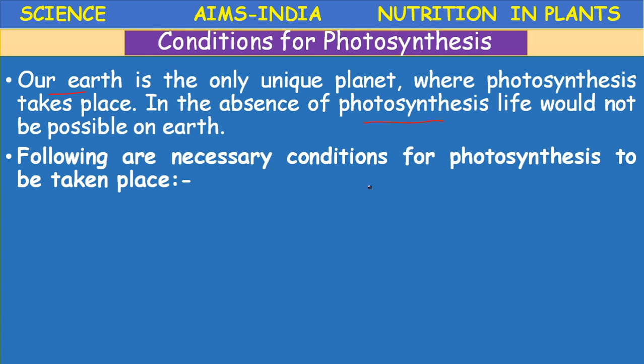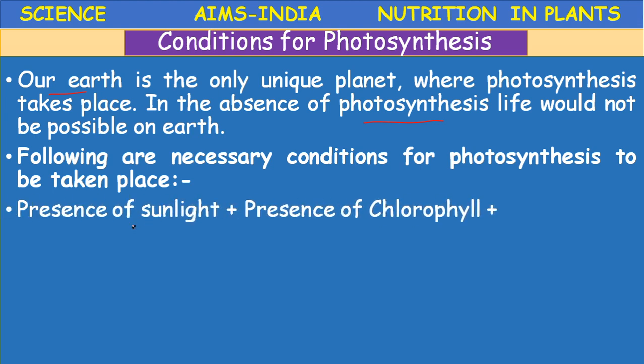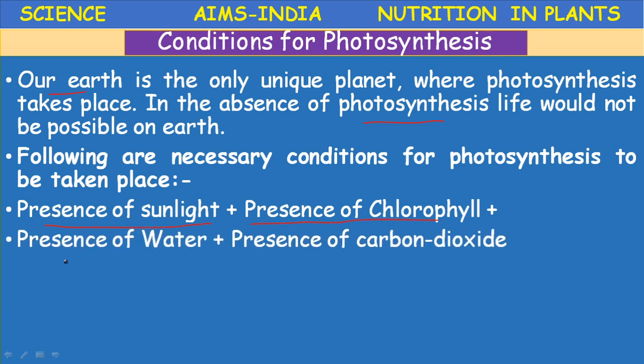Following are the necessary conditions for photosynthesis to take place. In order to undergo photosynthesis, the following conditions are required. What are they? Presence of sunlight, presence of chlorophyll, presence of water, presence of carbon dioxide.